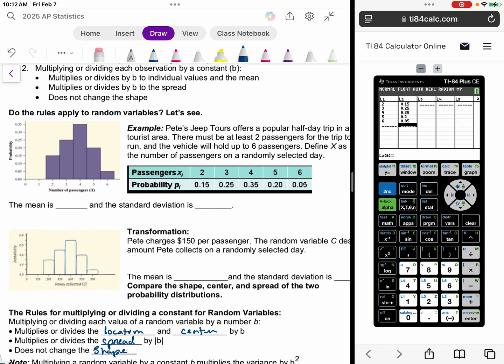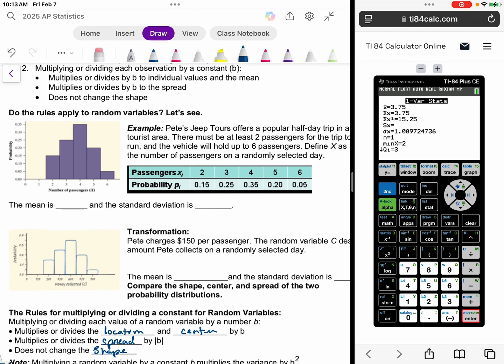They asked us to find the mean, so we're going to quickly go in here and do stat, go over to calculate, do a 1-Var Stats. Remember, we learned yesterday that we can put the X values, our distribution X, in L1, and then put the probabilities in the frequency list. Then we go down and hit calculate, and then we know what our mean is.